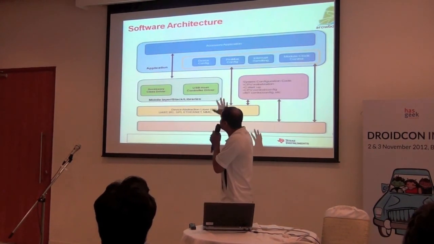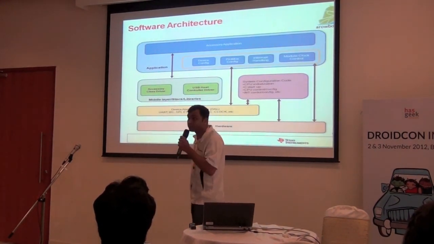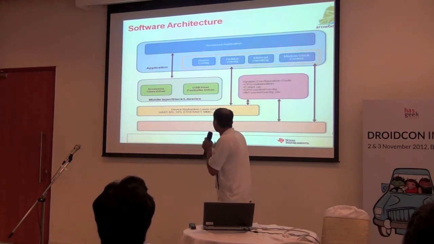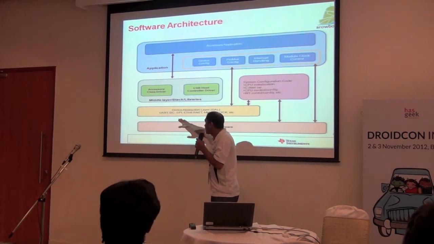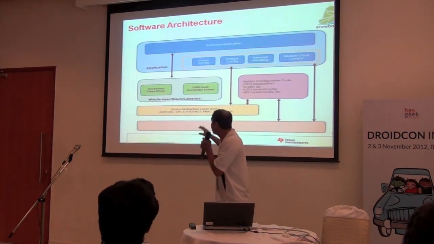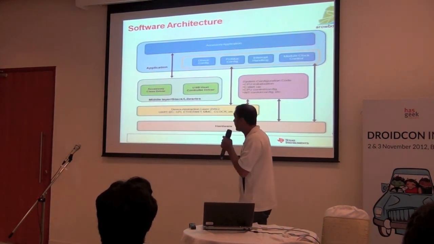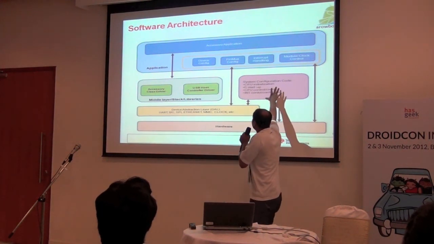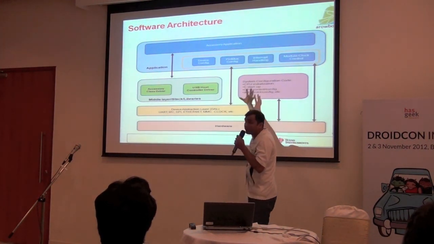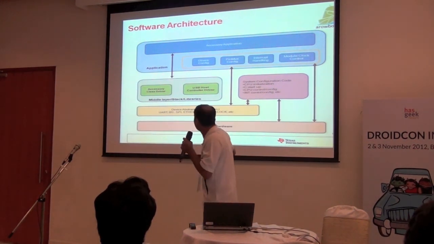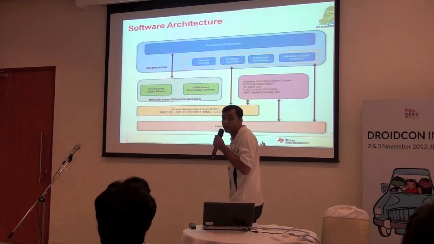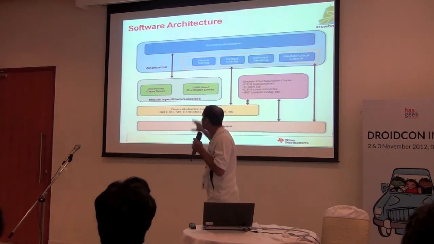So this is the complete software architecture of StarterWare. It has a device abstraction layer which will abstract the lower level peripherals like UART, I2C, SPI, Ethernet, all hardware peripherals. Then it has an initial system configuration code module wherein it will initialize your CPU and other things, and it will make the system ready for your accessory applications basically.